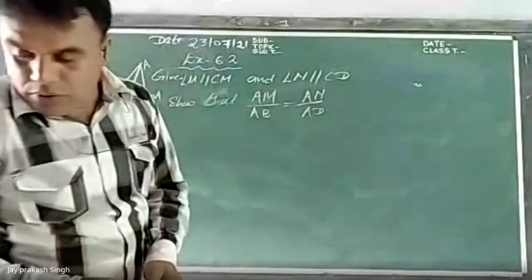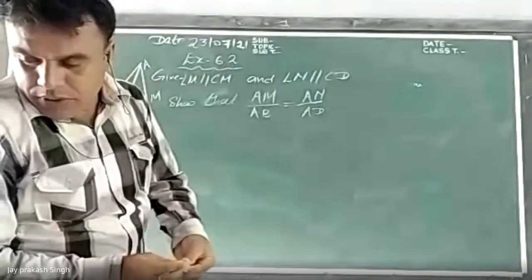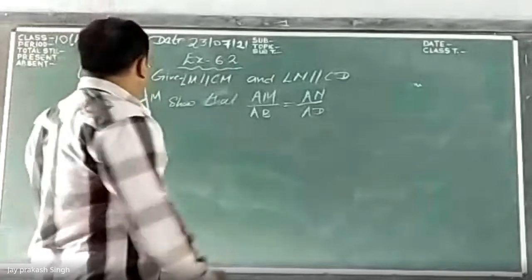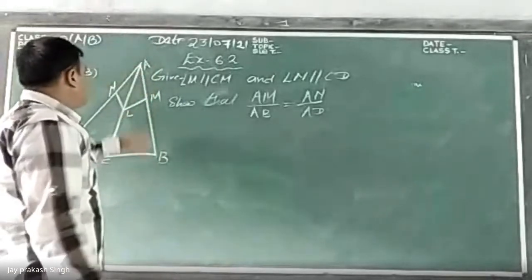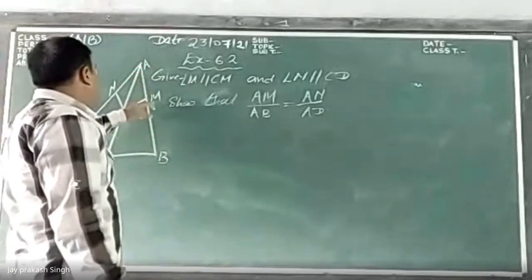This is what we have to prove. So we can write down by basic proportion that is AM by MB.